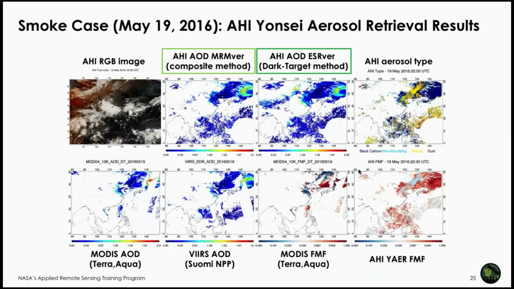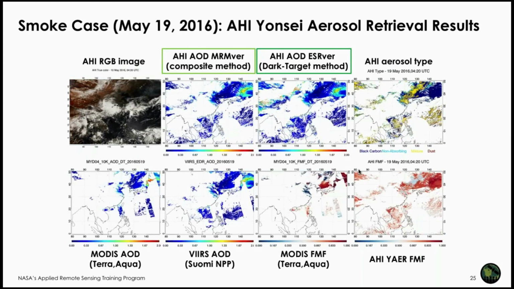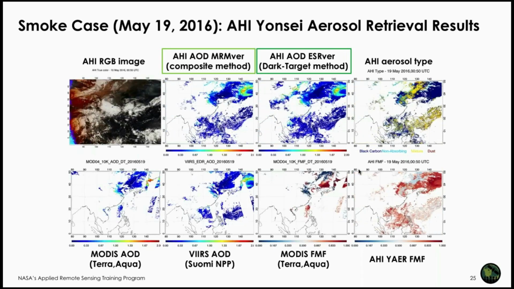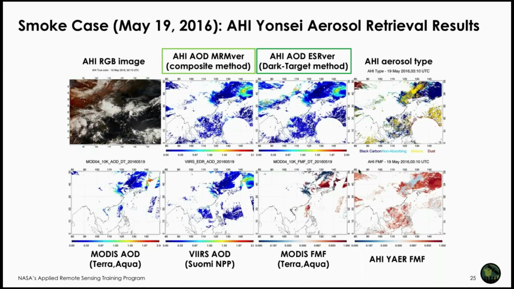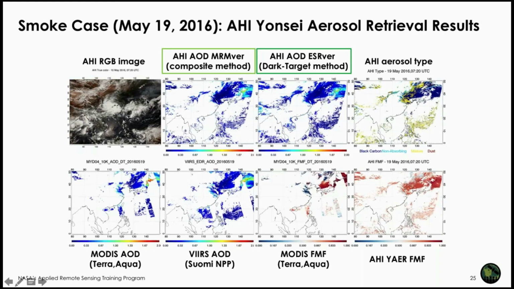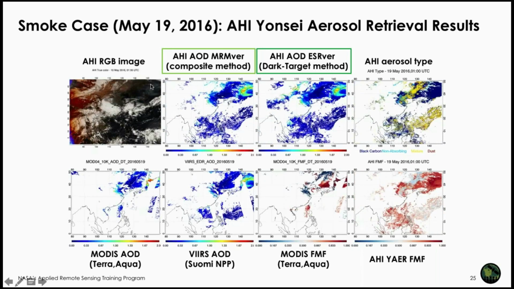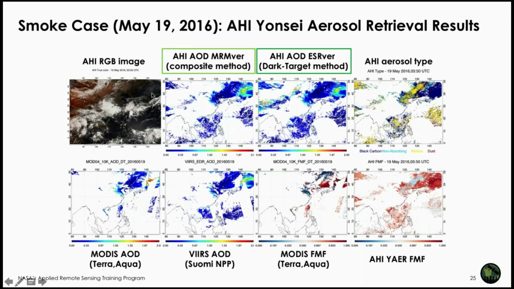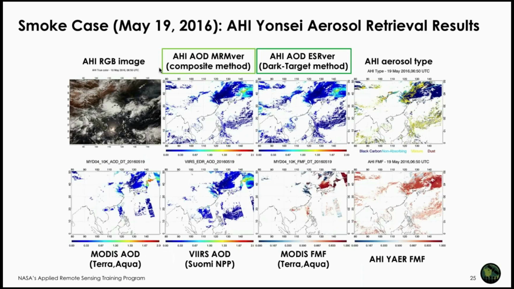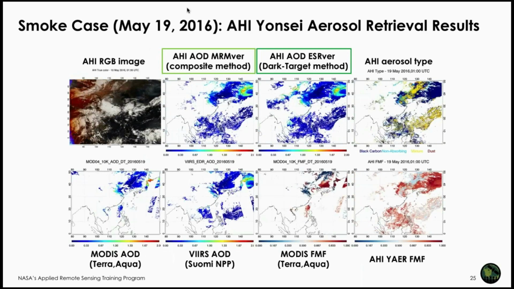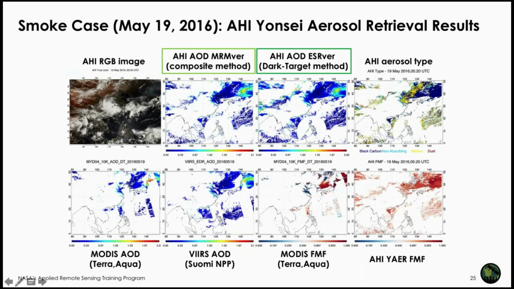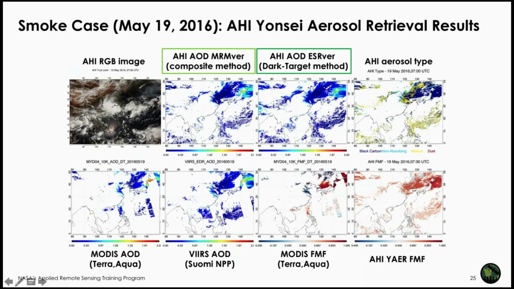This is another case, a smoke case on May 19th in 2016, measured from the AHI Himawari sensors. The main focus is over here on the right upper area. Here you can see a very high white color aerosol plume transported from Russia to the Hokkaido area in Japan.